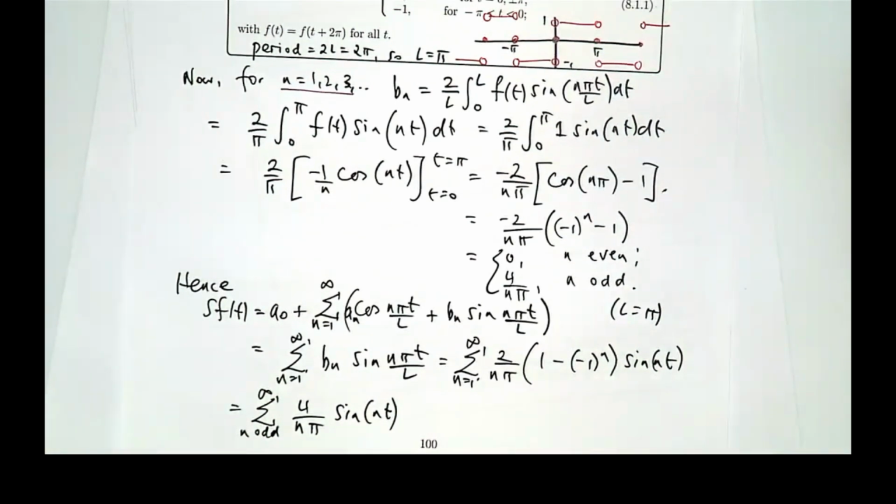Notice how I've changed the upper and lower parts of the summation sign. I'm now saying n's odd, so n's 1, 3, 5, 7, 9. If you don't like that notation, you can also write it out like this.